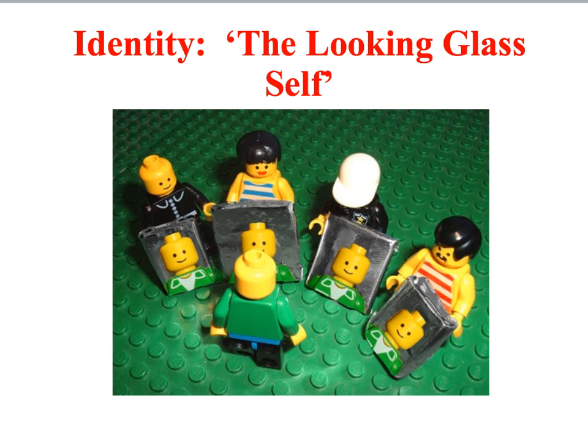So from this perspective, we create a self-identity through social interaction and through the social relationships that we form with other people. In other words, I know who I am by understanding how other people see me. So it's this capacity to take on board the role of other people that's essential in understanding the development of the self.